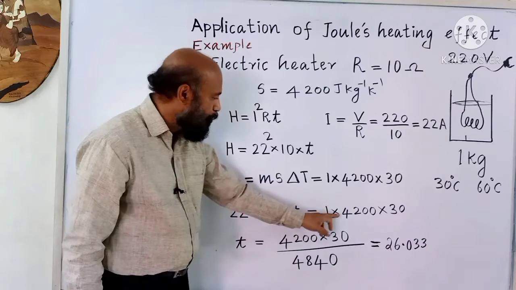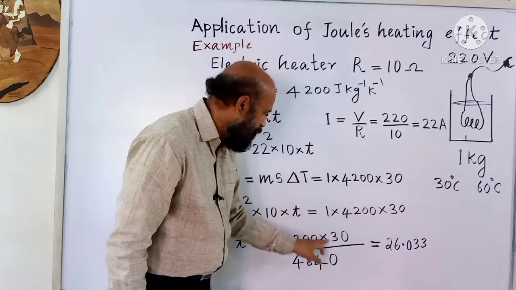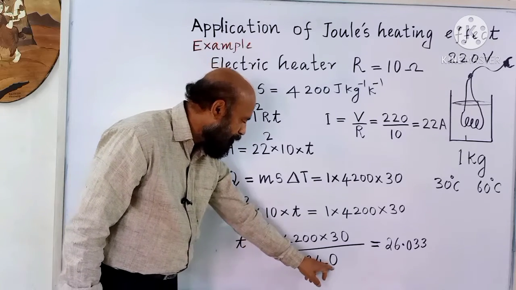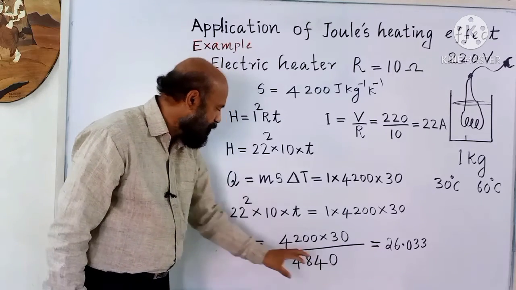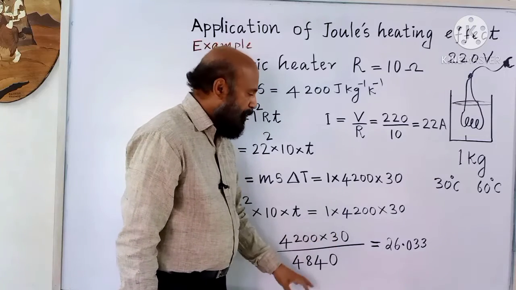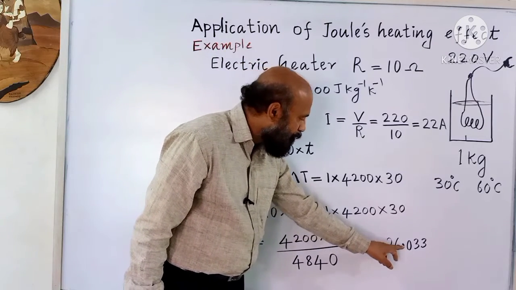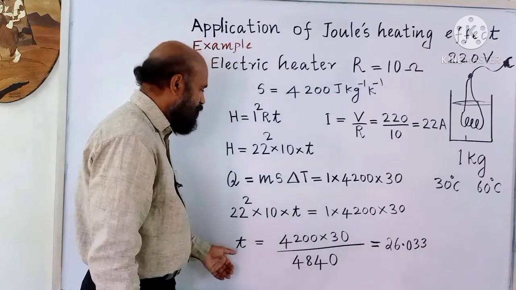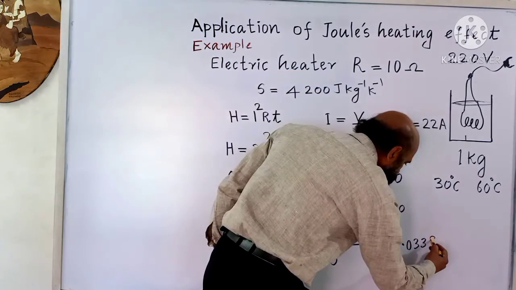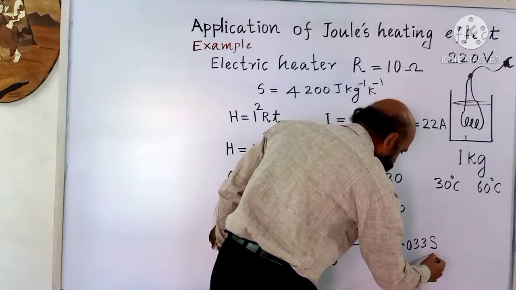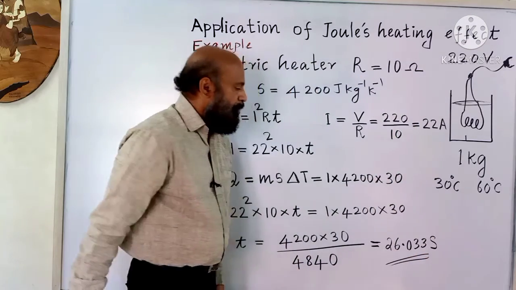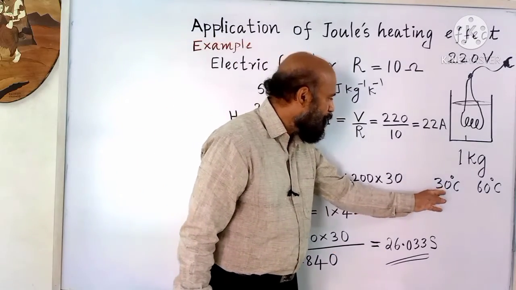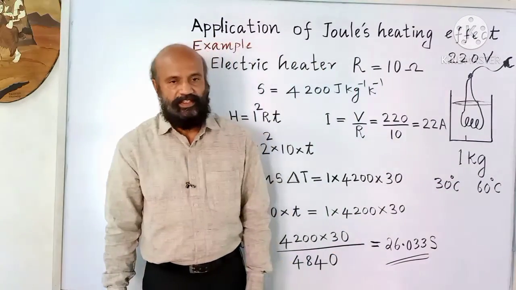Time is equal to 4200 into 30 divided by 4840. When you do this calculation, you will get 26.033. The unit is seconds. So this is the time required to raise the temperature from 30 degrees to 60 degrees Celsius.